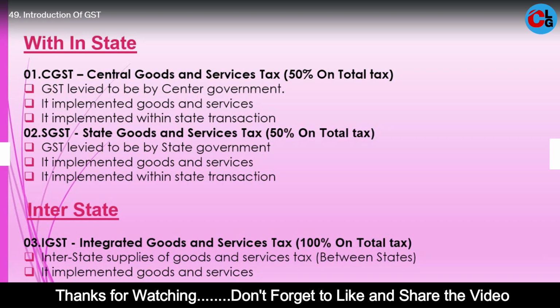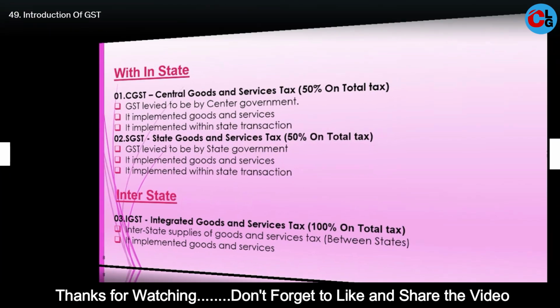The next one is the interstate, or between-state, transaction, where only IGST is implemented. IGST means Integrated Goods and Services Tax. It's 100% of the total tax. The Integrated Goods and Services Tax is implemented on interstate supplies of goods and services. Right. So these are the details.